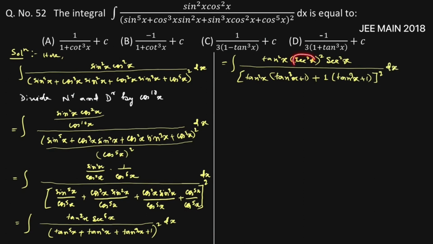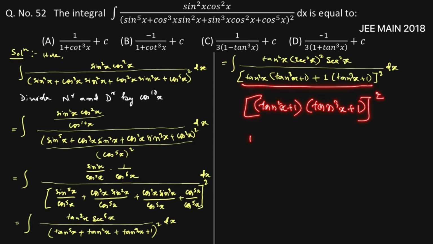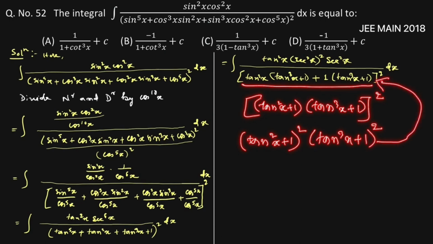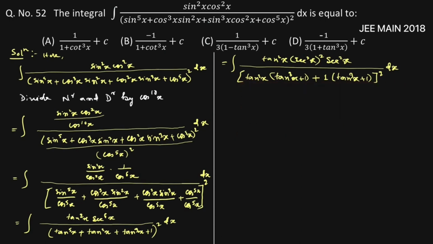Now we are able to write sec square x as tan square x plus 1, and the denominator we are able to write as tan square x plus 1 tan cube x plus 1 whole square. If you distribute the square, then we will get tan square x plus 1 whole square tan cube x plus 1 whole square.